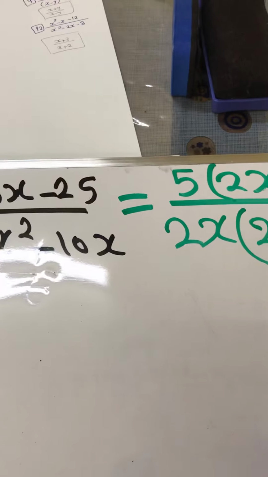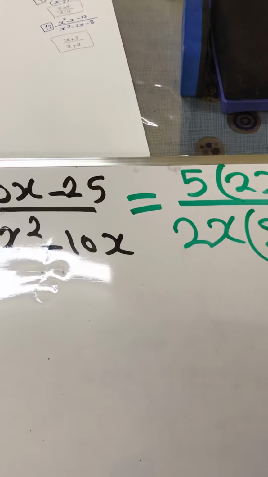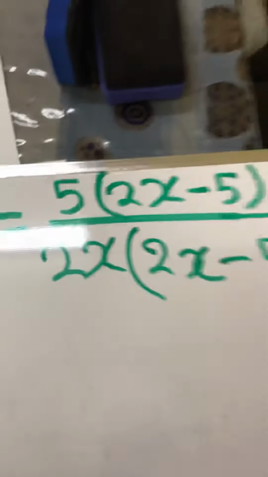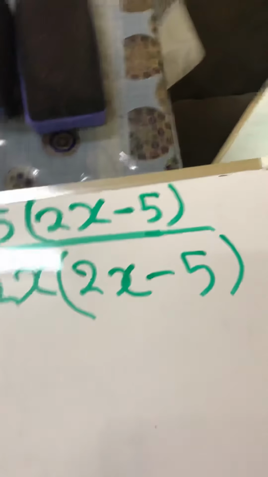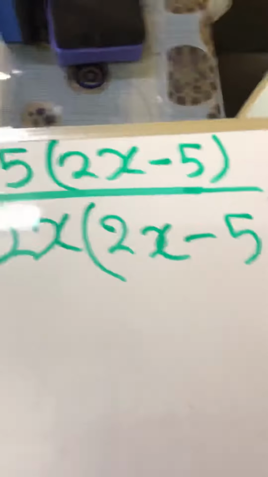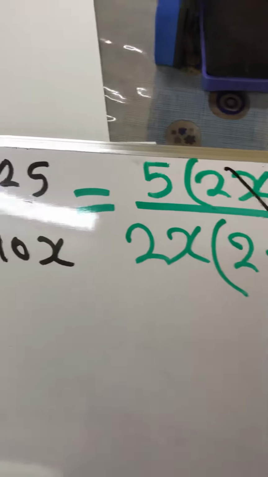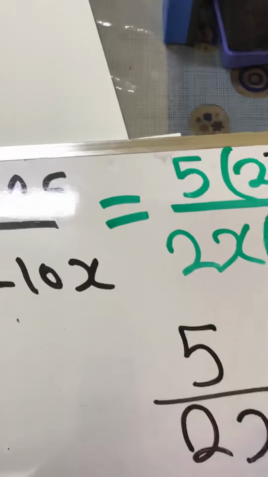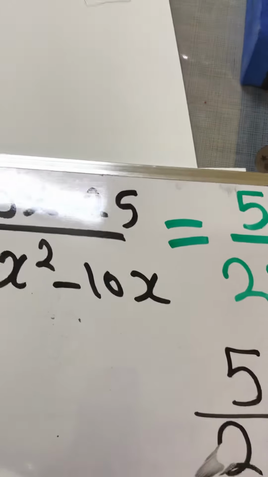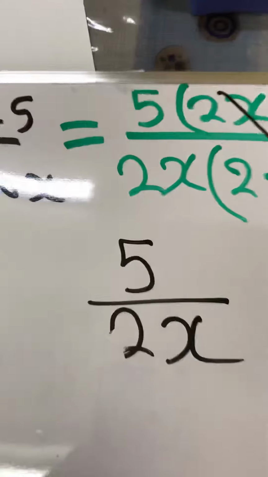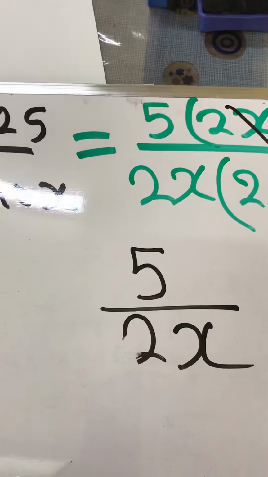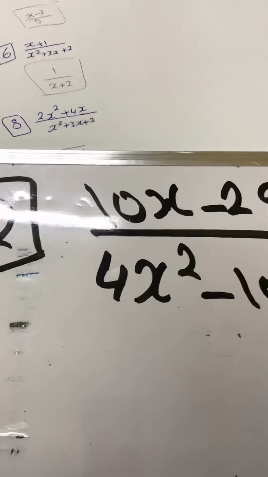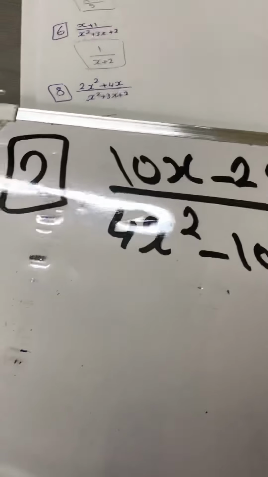Negative 10x divided by positive 2x will be negative 5. Now it's allowed for me to cancel the brackets up and down, and the answer will be 5 over 2x. This is question 2, exercise 1, page 363.